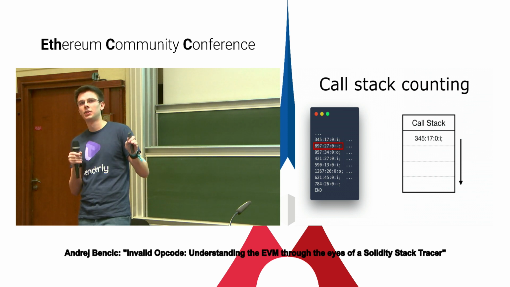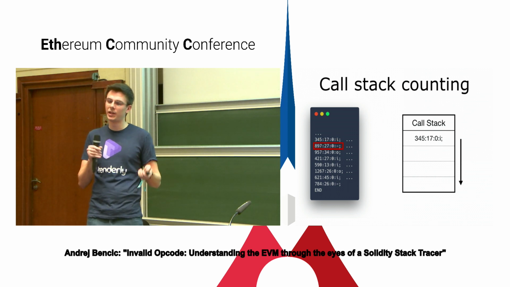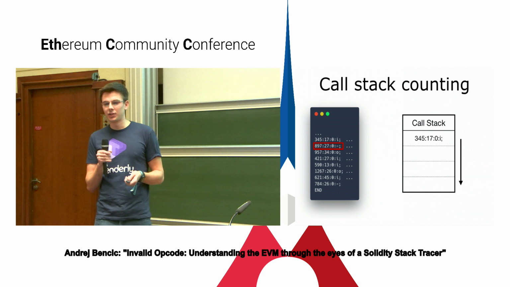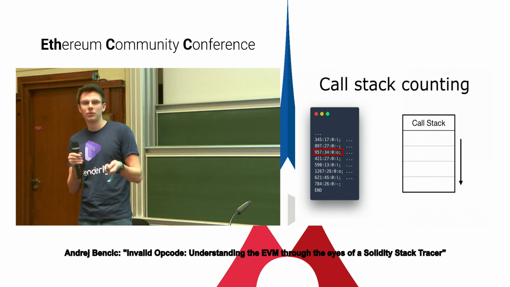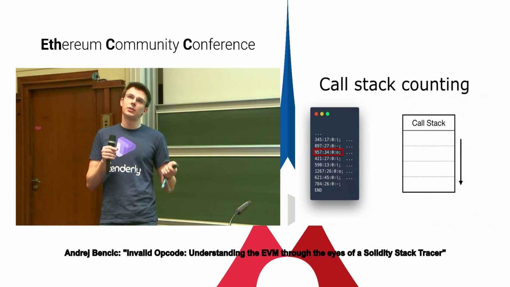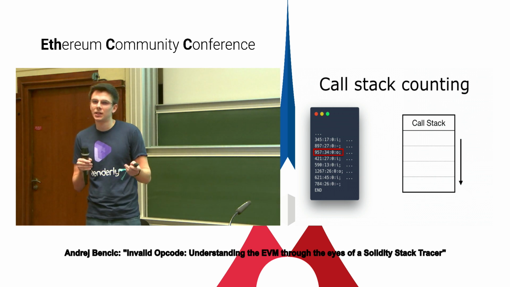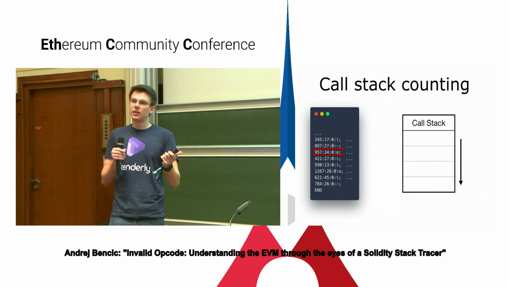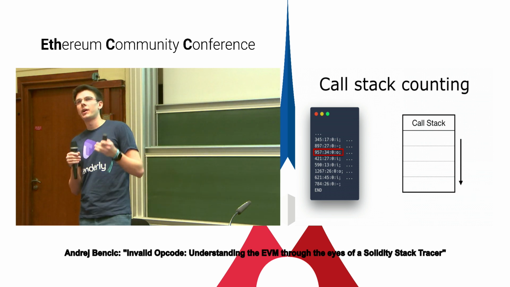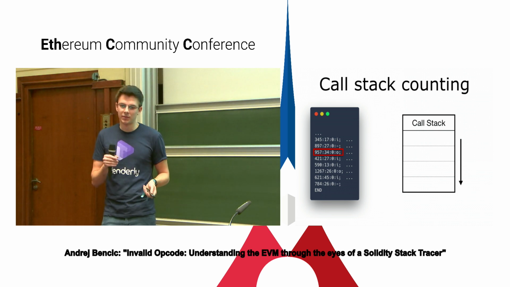If we see a dash, that means no changes have been made, and we can just discard it. And if we see an O, that means the instruction went out of the function, and we can remove it, because if we go into something and then leave it, it doesn't really affect our path of failure, so we can skip it.